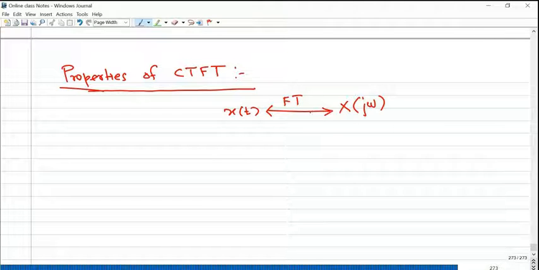If you take the inverse Fourier transform of X of j omega, you will get x of t. That's why we indicate this arrow mark on both sides. x of t to X of j omega is possible in the forward direction, and from X of j omega to x of t is possible in the reverse direction if we apply the inverse Fourier transform. So property number 1, linearity property.